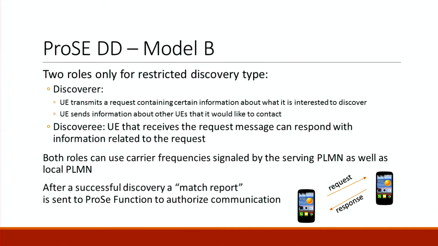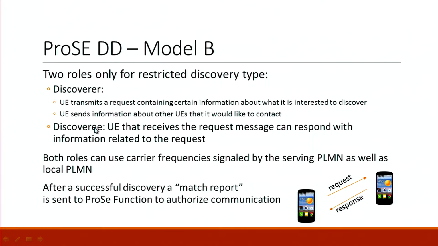Model B is different. Model B is, for one thing, used only for the restricted discovery type. So I must give the authorization to be discovered. And the way it works is you now have two different roles, discoverer and discoveree.